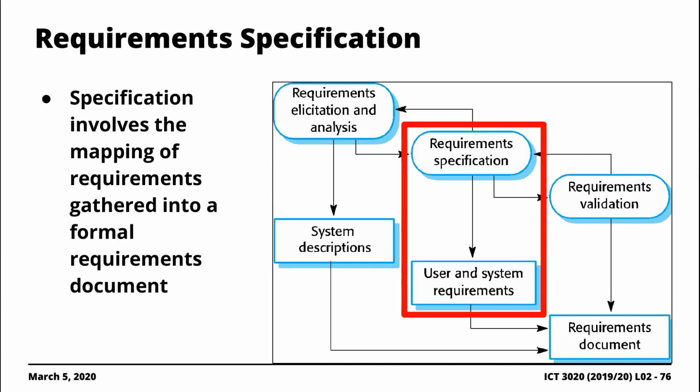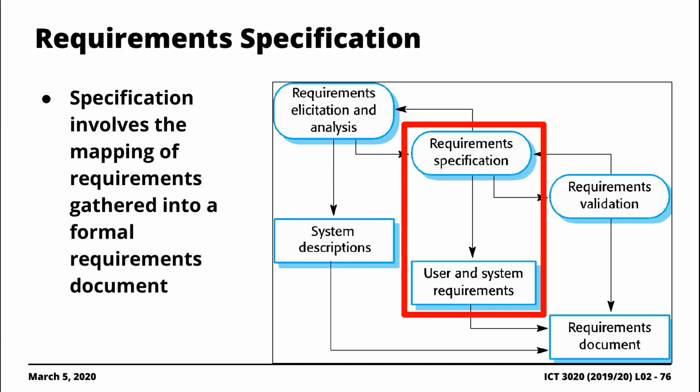Okay, so once you go through the requirements elicitation and analysis step, you obviously come up with a very high-level description of what the system is going to be like. The next step involves coming up with a formal document that is going to incorporate the requirements that you'd have gathered from the elicitation and analysis phase, right?